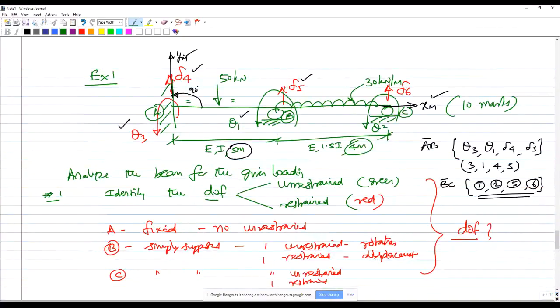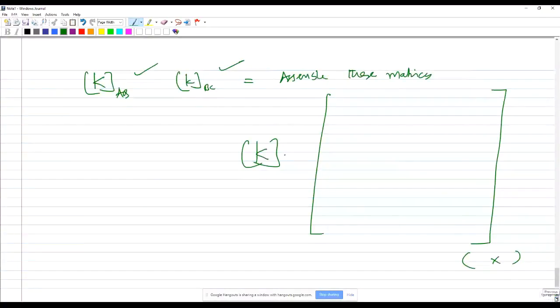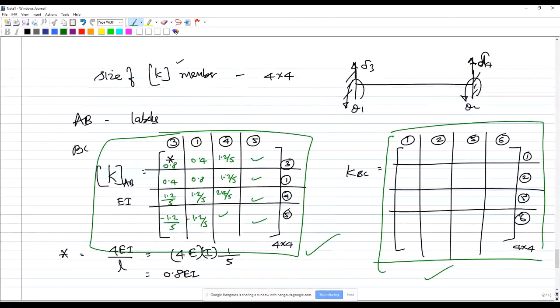The beam has a total of 6 degrees of freedom. You can see here 1, 2, 3, 4, 5, 6. So essentially, the stiffness matrix of the whole beam will be 6 by 6. But interestingly, each member has 4 by 4.